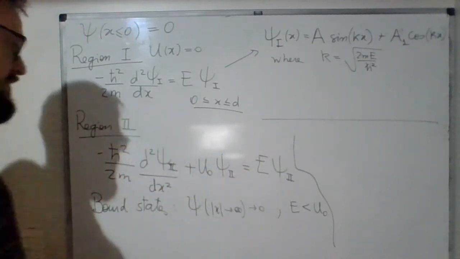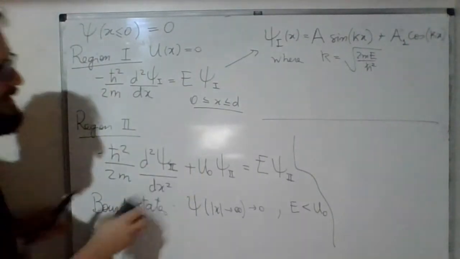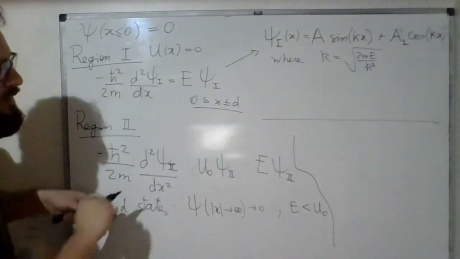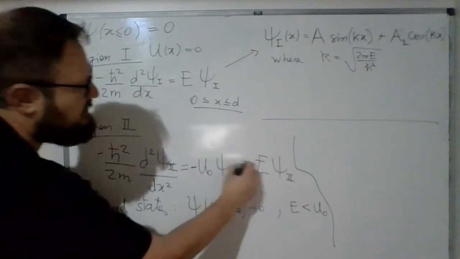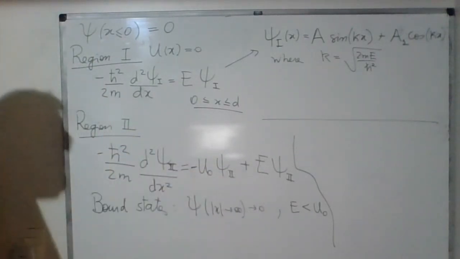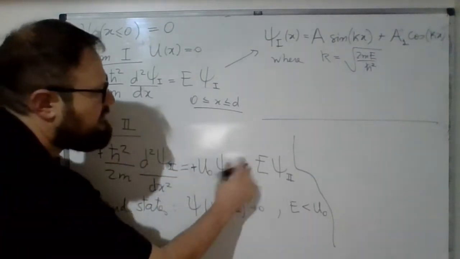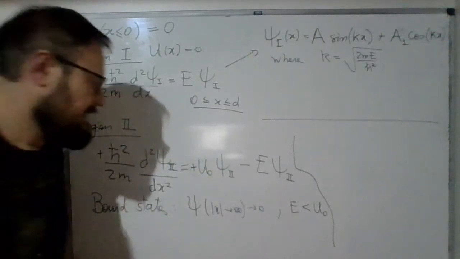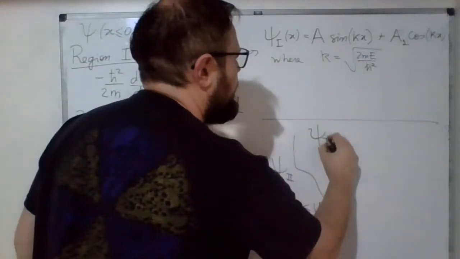So the equation here you can write the following way: move the U0 to the right-hand side, so you'll find plus E minus U0, but you can change the sign of the equation, so you have U0 minus E. And this is the solution in the second region.